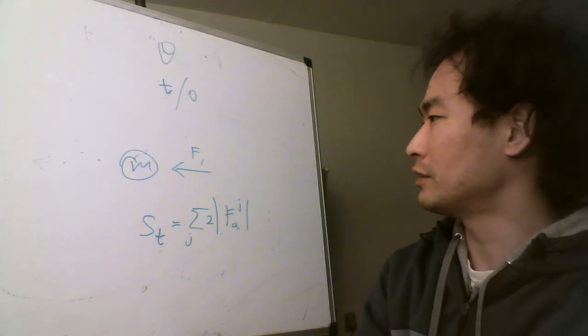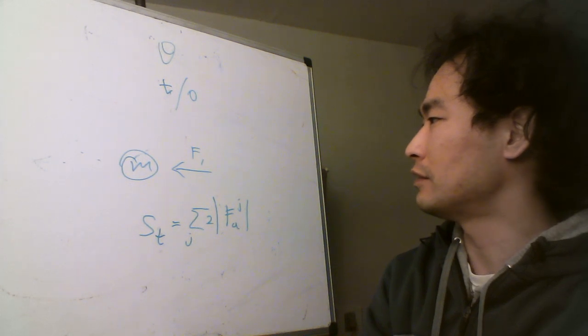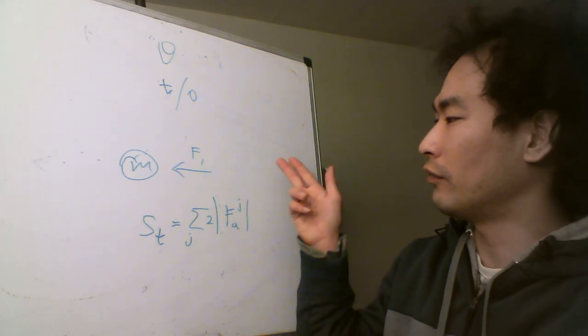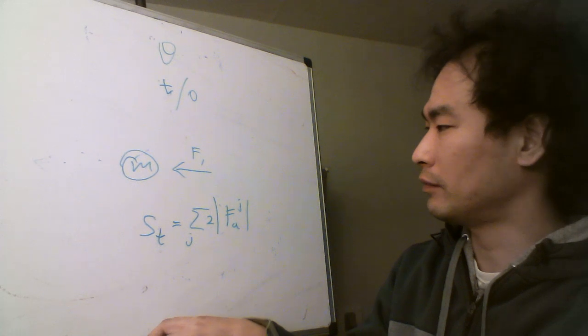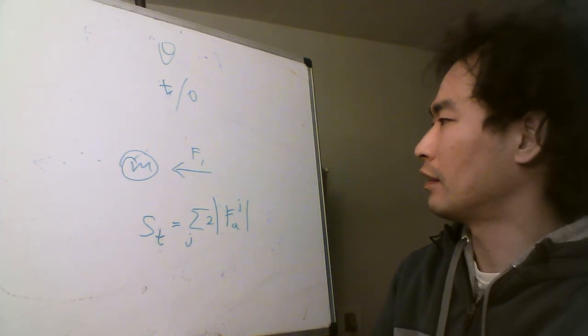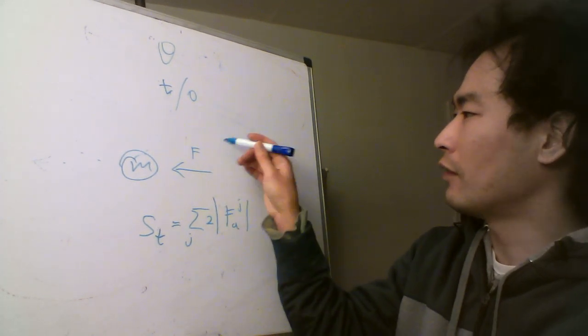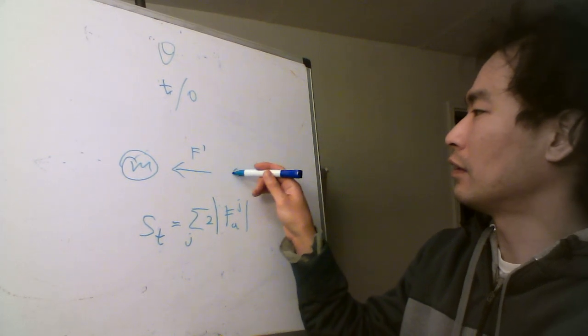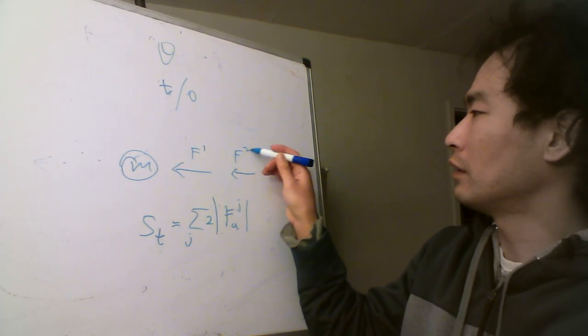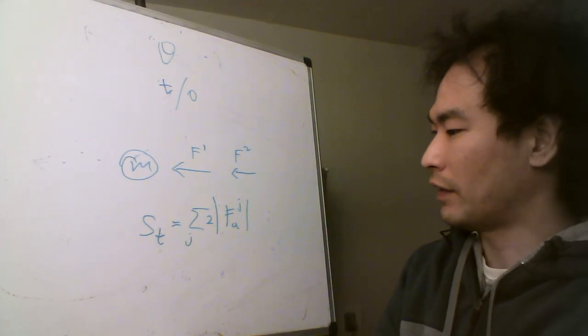Well, it's because when theta is 0, you're heading with F1 and F2. It's a vector summation.